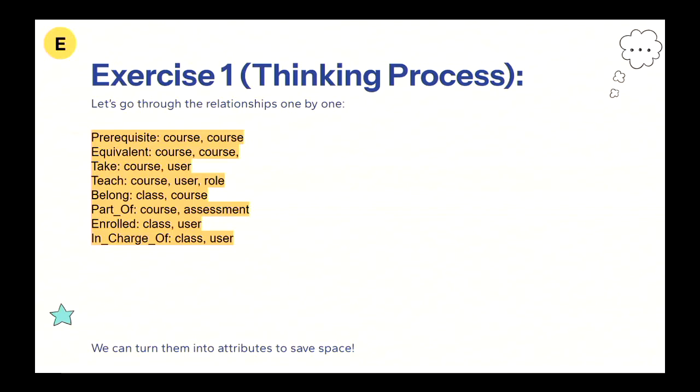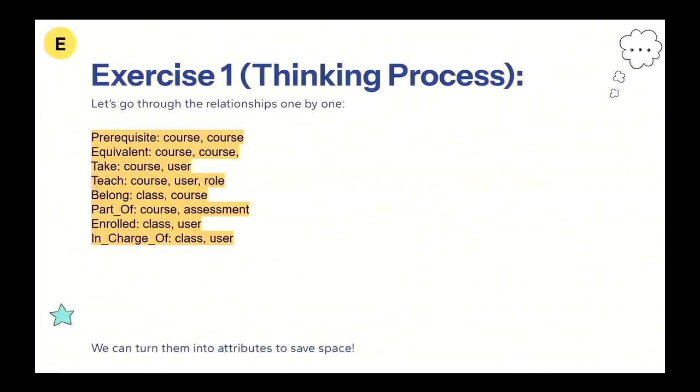What about enrolled? Can we optimize this type of relationship? Actually, the answer is no, because one class could be taken by many users, and a user can take many different classes because you can take both a lecture and a tutorial.